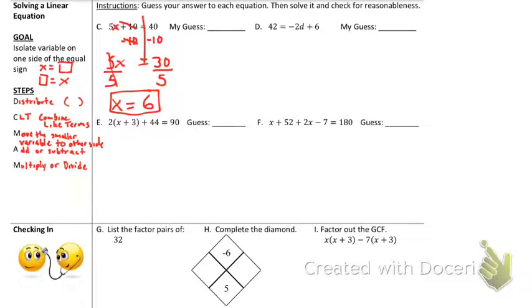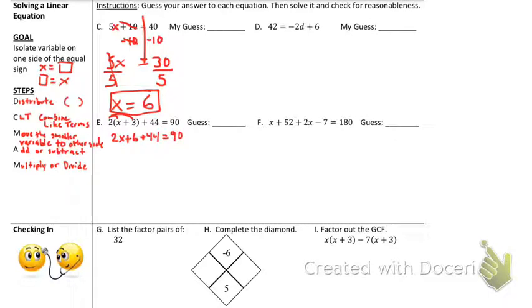All right. I'm going to go ahead and run through example E, and once I'm done with example E, I want you to go ahead and try D and F. Okay? So let's do this. I'm going to first get rid of parentheses, distribute. So I need to distribute the 2. So I'm going to multiply in the 2. That gives me 2x plus 6 plus 44 equal to 90.